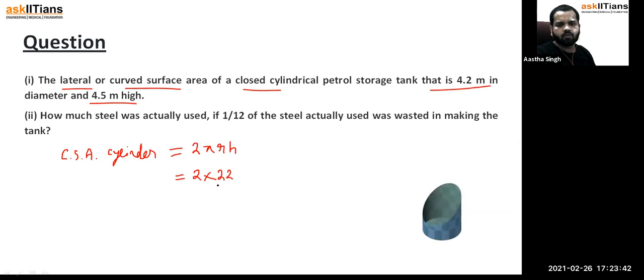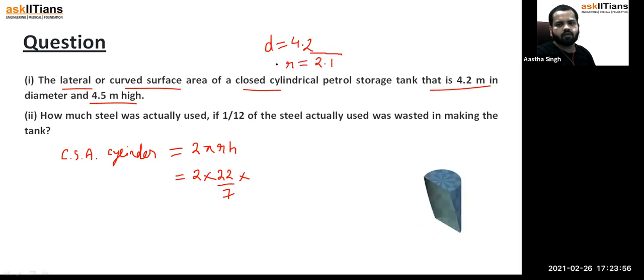Pi is equal to 22 by 7. What is the value of r? If your diameter is 4.2, then r will be basically 2.1. Half of the diameter will be equal to 2.1, into h. Height is given 4.5.